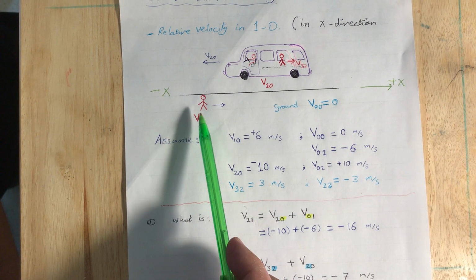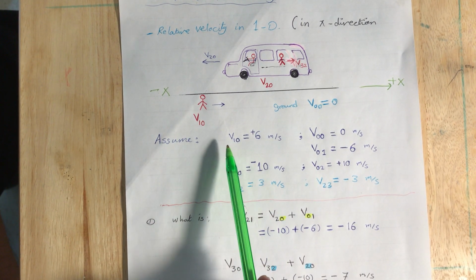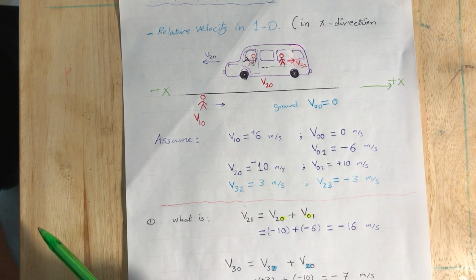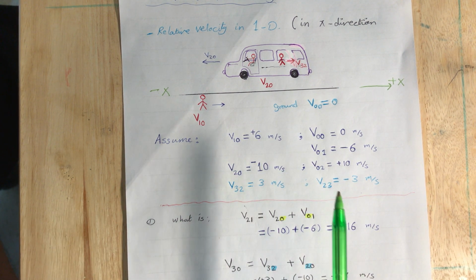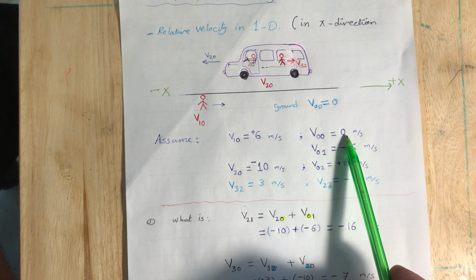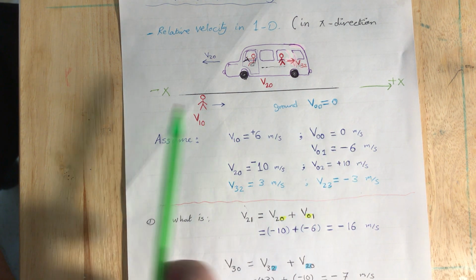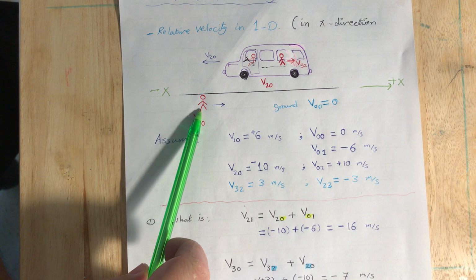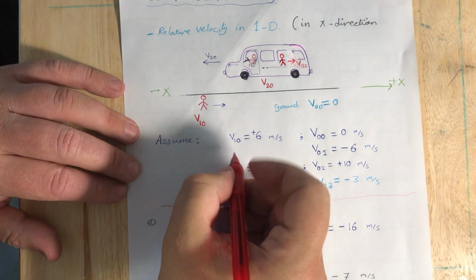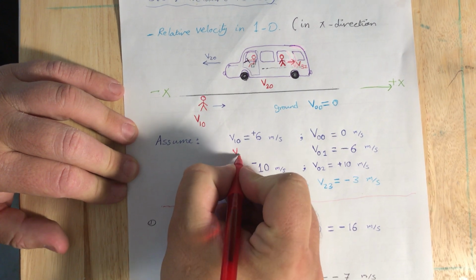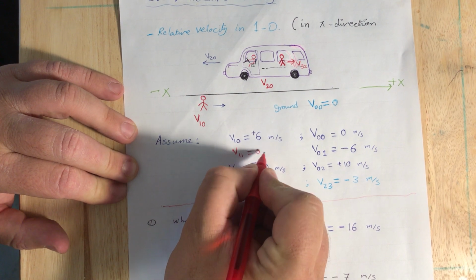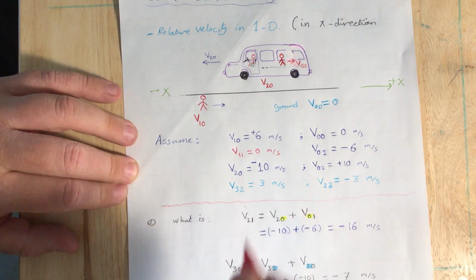Now his motion with respect to ground is with velocity plus 6 meters per second. What is the velocity for the ground with respect to ground? It is 0. What is the velocity for the man with respect to itself, I mean v11? It is equal to 0 meters per second.